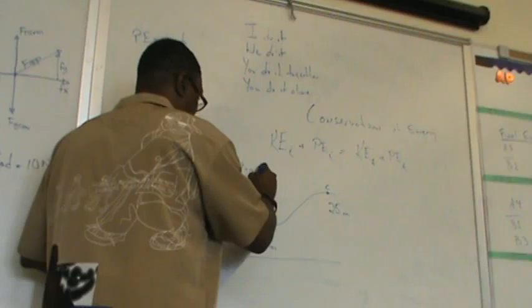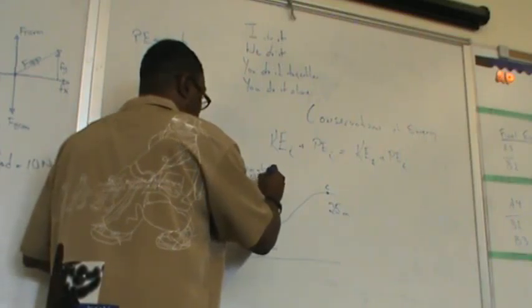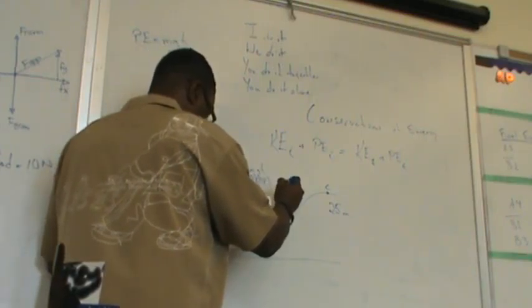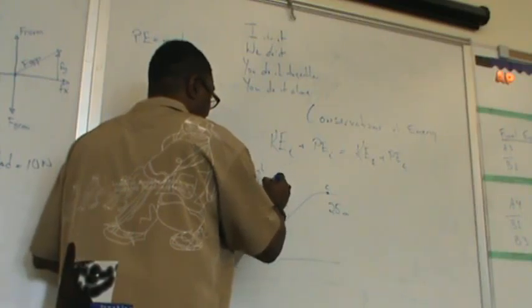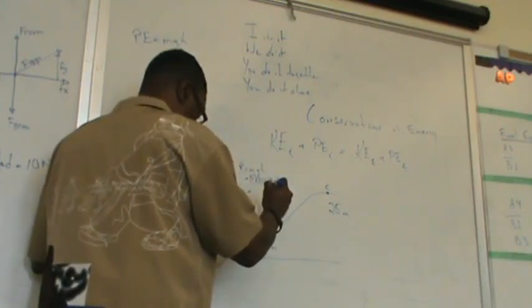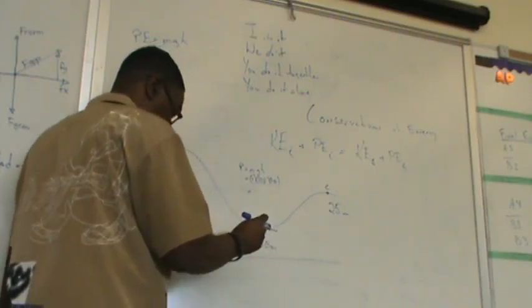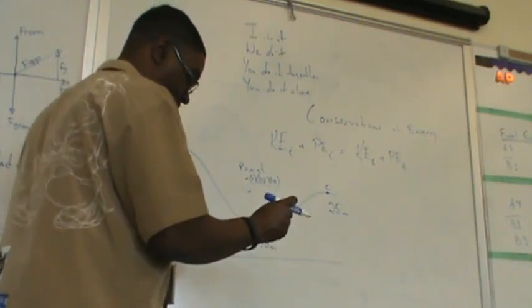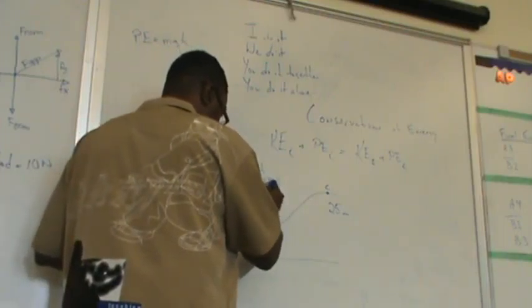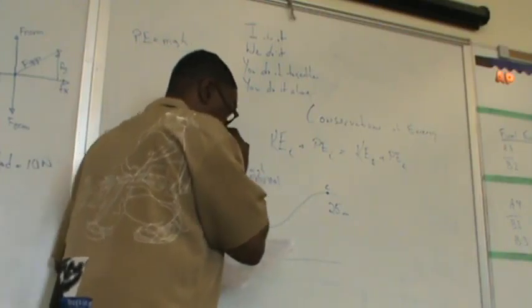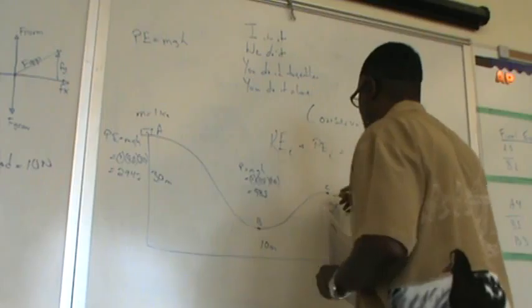The mass is equal to 1, the acceleration due to gravity is 9.8, the height is 10. And that equals 98 joules.